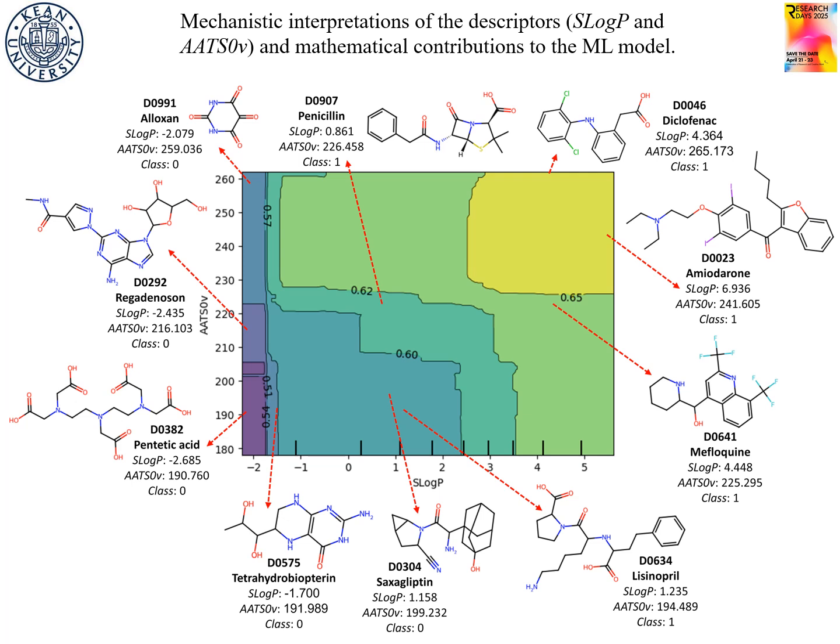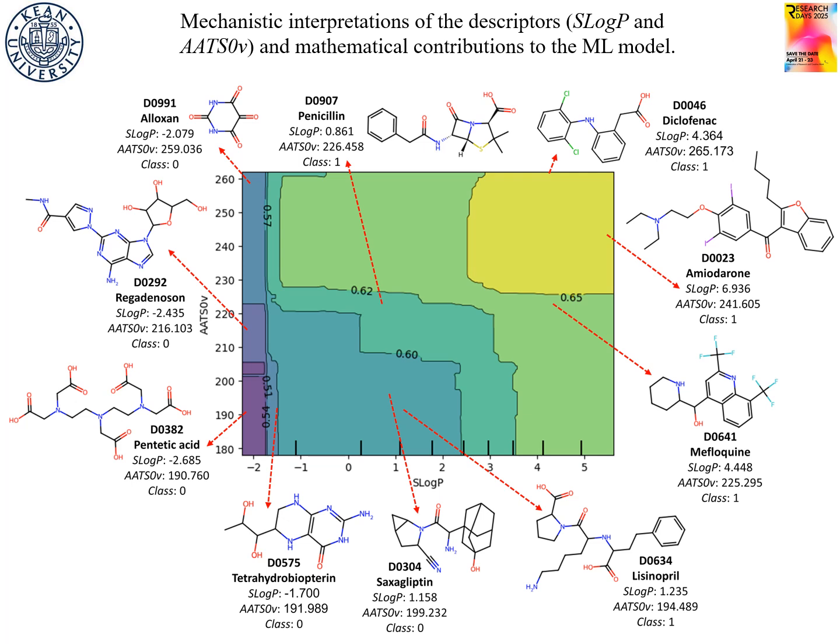SlogP, which is the logarithm of the octanol-water partition coefficient, quantifies a compound's partition between octanol and water, calculated via the atomic contribution method and reflecting mostly hydrophobicity or lipophilic property. On the other side, AATS0v, which is an average atom type electrotopological descriptor, is a valence-based descriptor averaged from electrotopological indices, focusing on the immediate atomic environment.